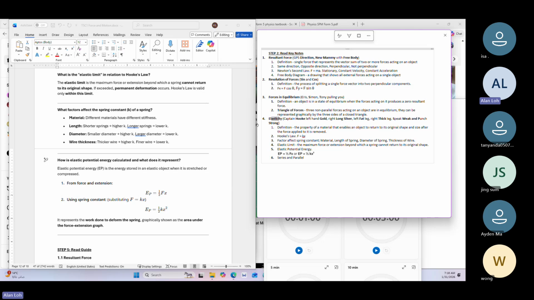You can already explain that. Then you can talk about opposite directions. If the left side is stronger than the right side, obviously the force will go to the left. Same forces in the same direction, you will go in the same direction. Perpendicular, non-perpendicular, so there are different ways of calculating the resultant forces. These are the things that you can explain. Then Newton's second law. Then the free body diagram.